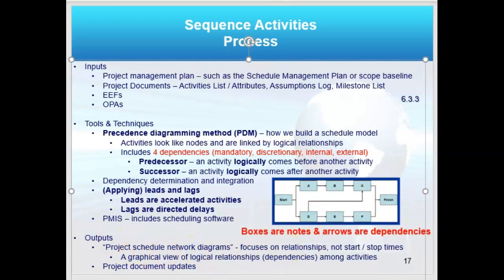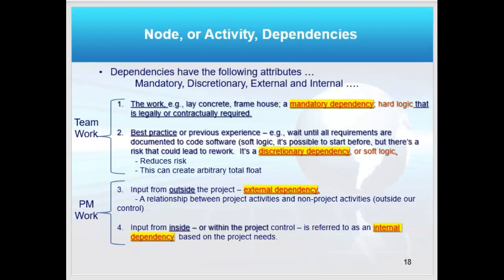Now I have this picture of the network diagram, how it should flow. So remember, the dependencies are mandatory, discretionary, external, and internal. Mandatory is hard logic. Has to be done by law or by contract, or it's the way it is.